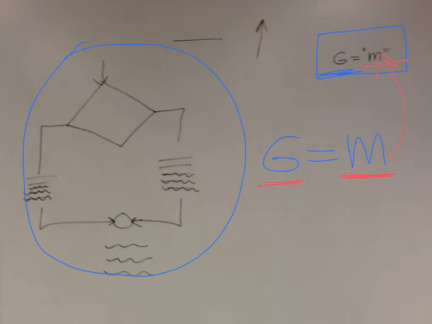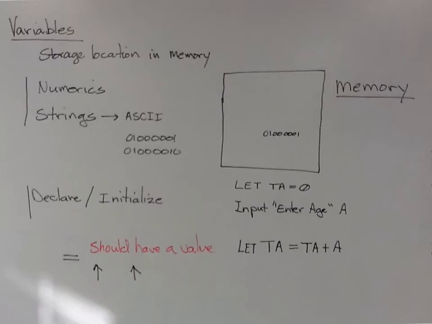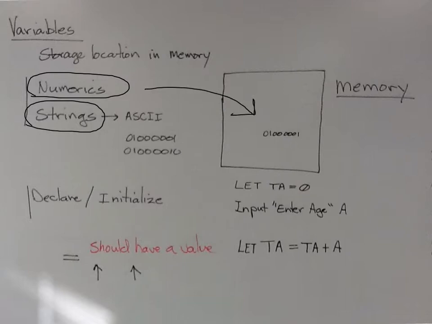You've got to indicate that as a string. So we spent the beginning of a particular day talking about that, the difference between storing a numeric and storing a string. They're both stored in memory differently.